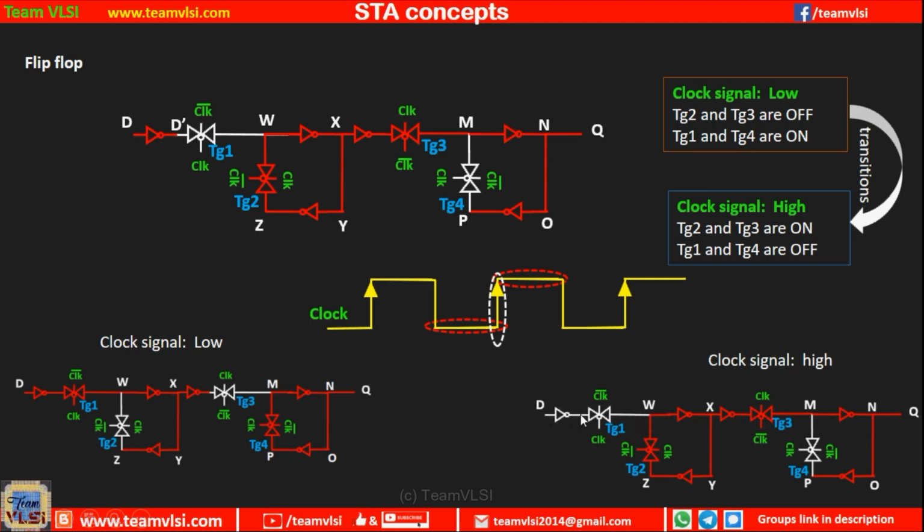So only the value sampled during this period is going to be transferred.